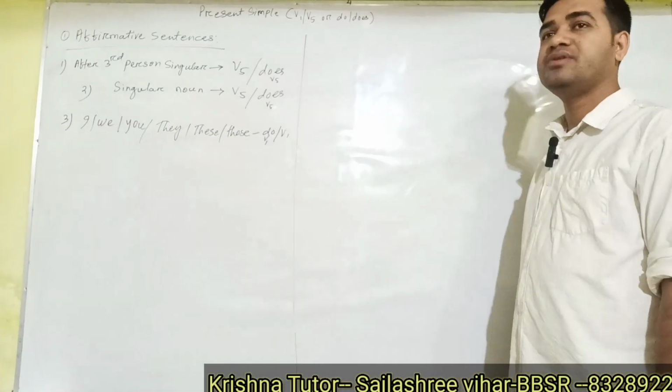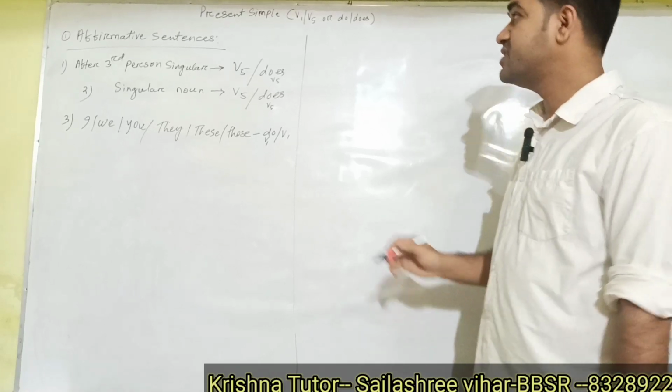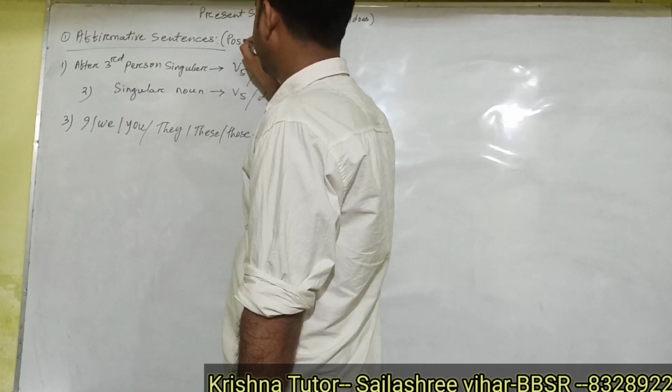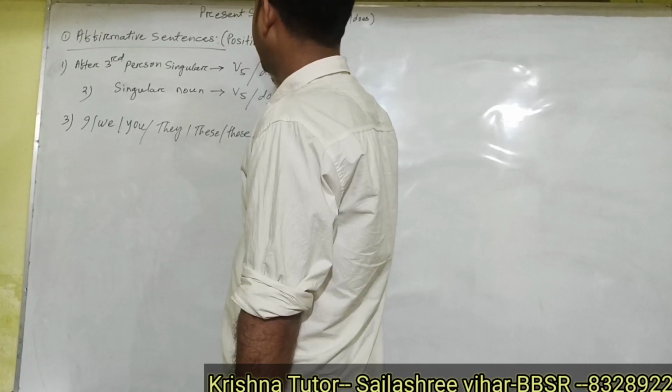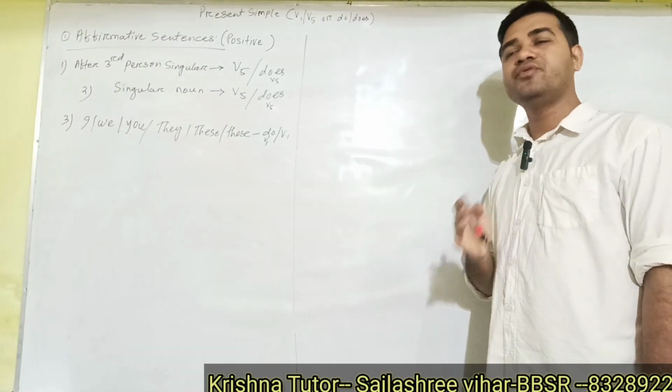And in affirmative sentence, we are going through affirmative sentences. Affirmative sentence means what? Positive sentence, and it is a kind of assertive sentence. Assertive sentences are of two types.